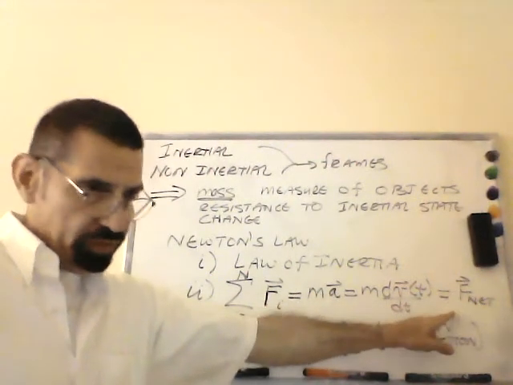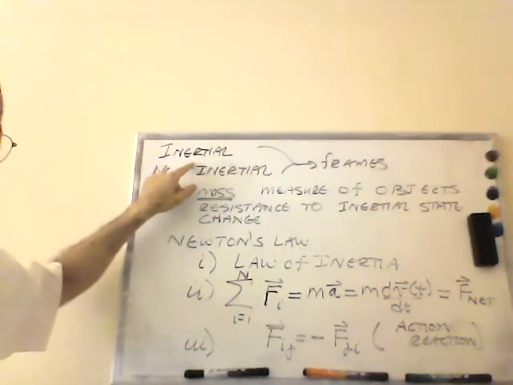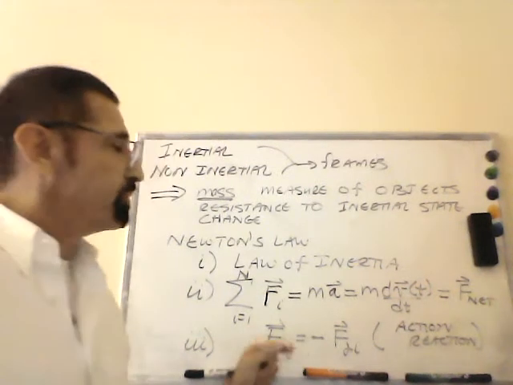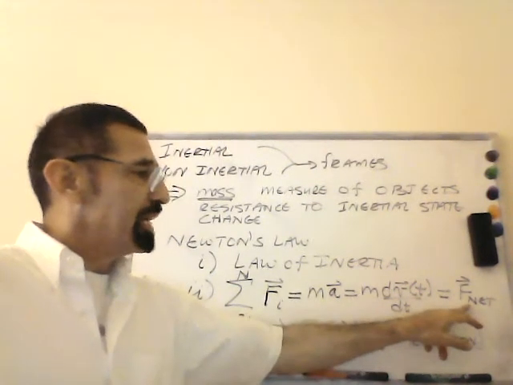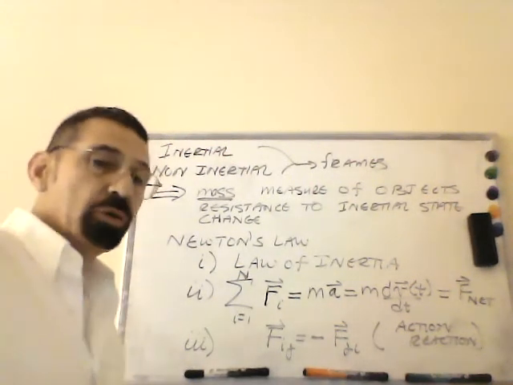If this net force is 0, then we're back to an inertial state, of course. We're back to an equilibrium, a mechanical equilibrium, a Newtonian equilibrium. If F net is greater than 0, we have an acceleration. If it's less than 0, we have a deceleration.